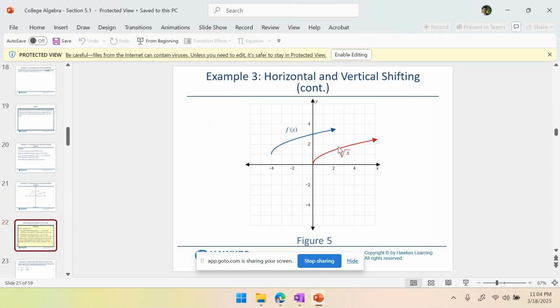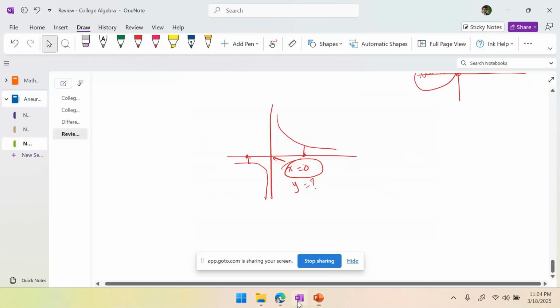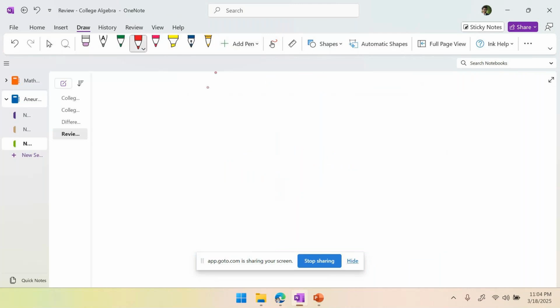And another type of transformation is the reflection with respect to an axis. So basically if you multiply a given formula with a negative, it flips to the other side across the x-axis. So if you have a function, let's say this one, if you multiply with the negative, it flips to the other side across the x-axis.